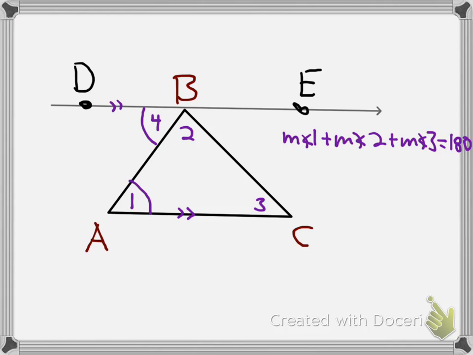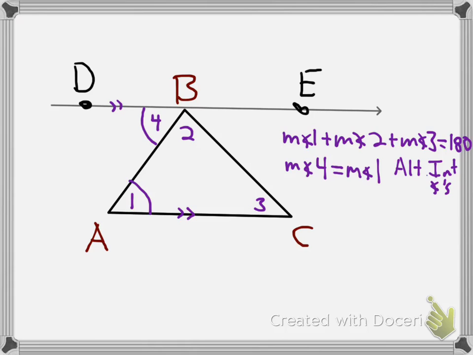And the reason that angle 4 is congruent or equal to angle 1 is they're what we call alternate interior angles. And alternate interior angles, when you have parallel lines, are congruent.